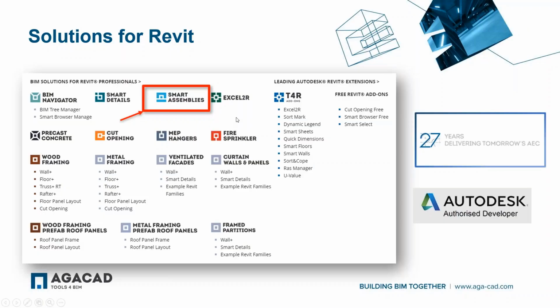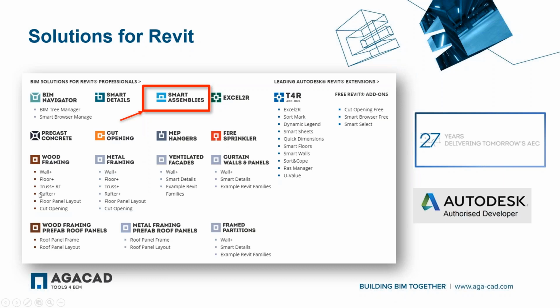This is the portfolio of our tools. We have different kinds of tools, right? We have BIM Navigator over here for the management of parameters in project and in your families. Then we have tools for precast concrete elements modeling and documentation. Then we have tools for MEP engineers to cut openings based on the location of MEP elements.